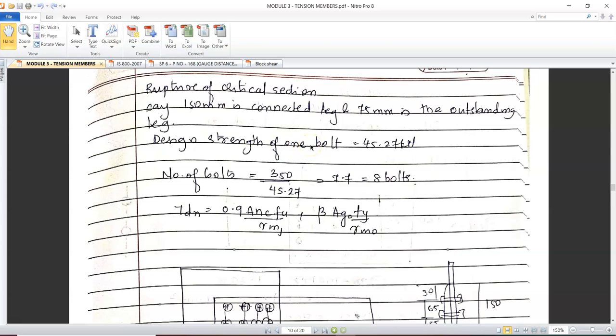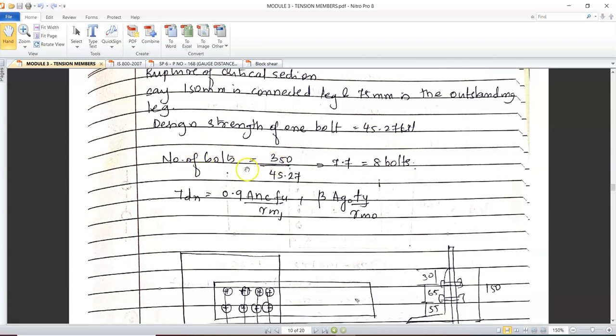For the given or assumed bolt data, we are getting 45.27 kilonewton. Therefore, the number of bolts will be the factored load divided by 45.27, the design strength of 1 bolt. So the number of bolts will be 7.7, and we are providing 8 bolts.